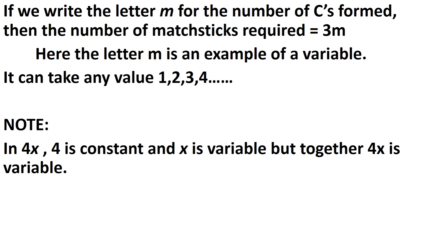So suppose we are talking about 4x. In 4x, 4 is constant because 4 is 4. We cannot make 4 into 5. We cannot make 4 into 6. 4 is fixed. But x, we don't know the value of x. It can be any number. So x is variable. x can change.